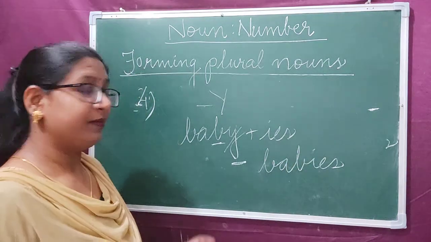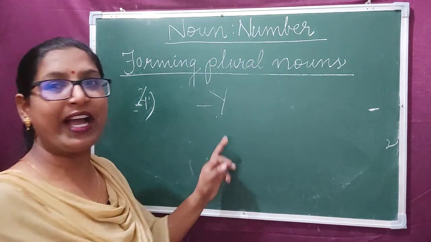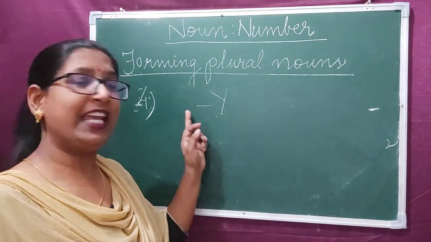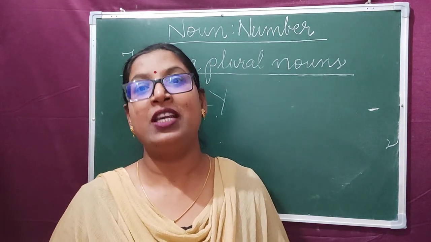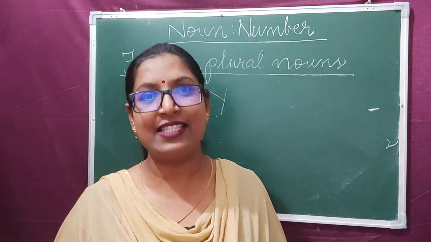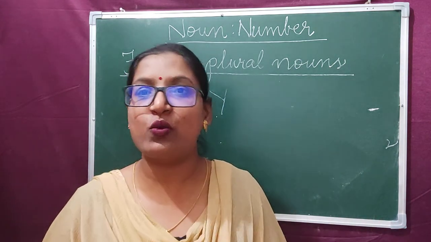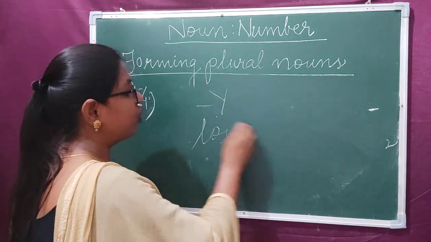Okay? But when the word is ending in Y and before Y any vowel comes, in that case Y is not changed into IES. We just add S with it to make it plural. For example, toy.